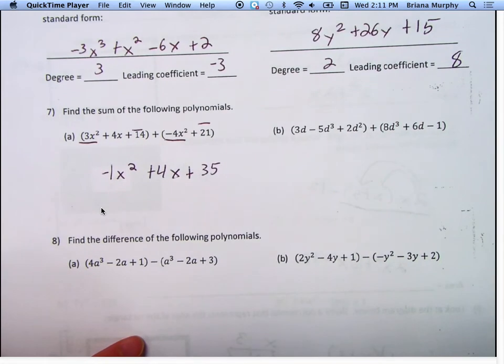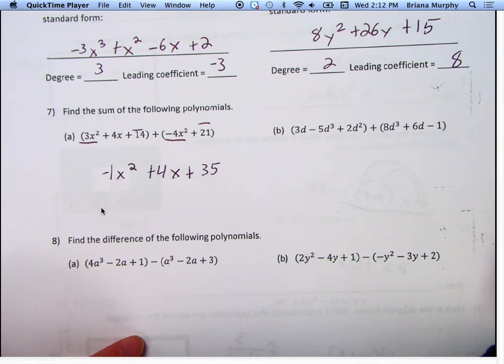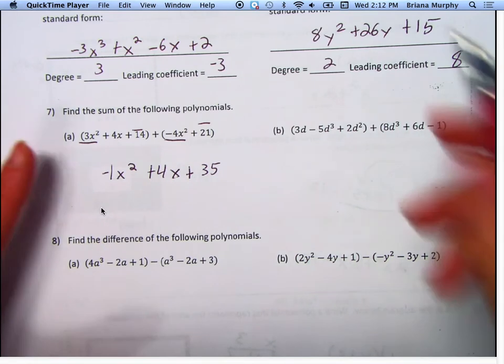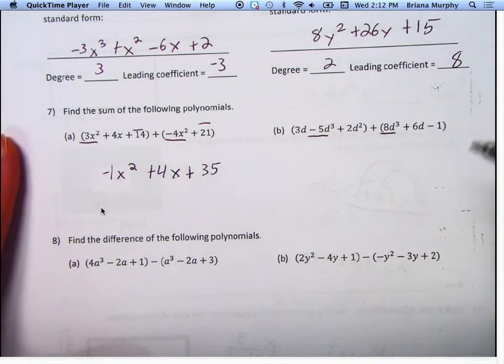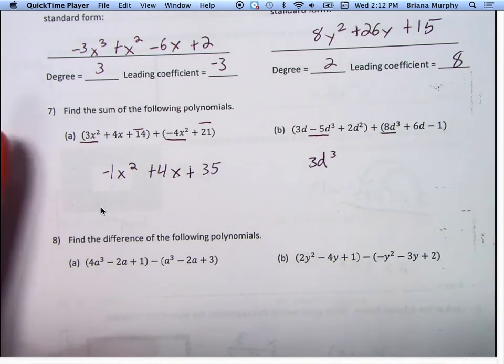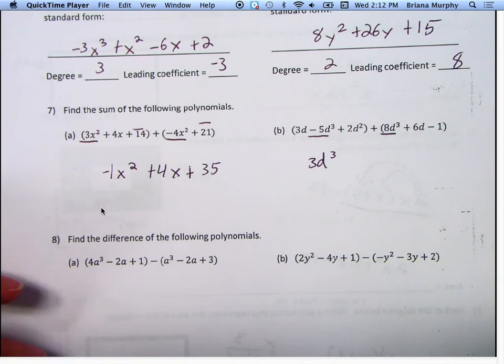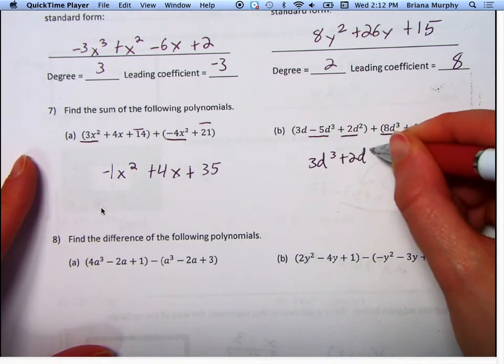Let's do the other one. Should we do it in standard form too as we go? Yeah. Let's try that. So which one has the biggest exponent? 5d to the 3rd. So negative 5d to the 3rd and 8d to the 3rd gives me 3d to the 3rd. Okay, what comes after to the 3rd? We want the 2nd, so 2d to the 2nd, but there's nothing to add it to.